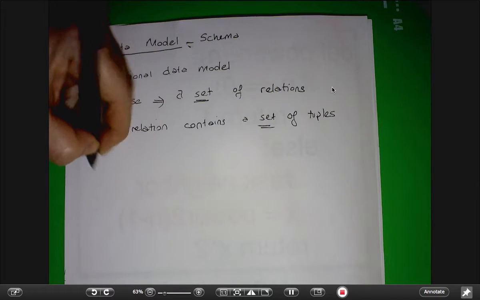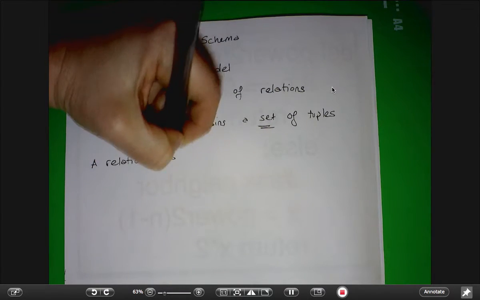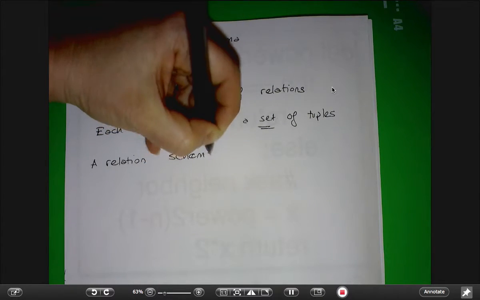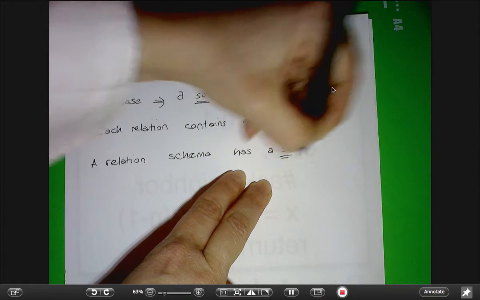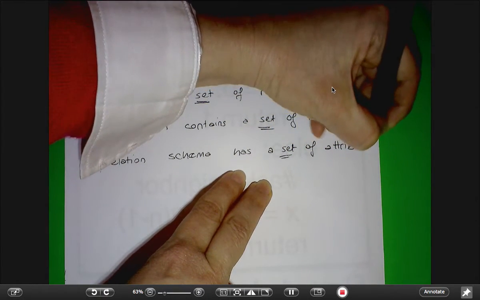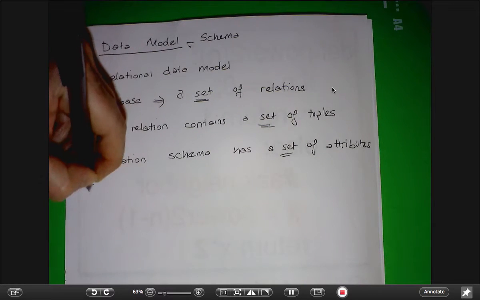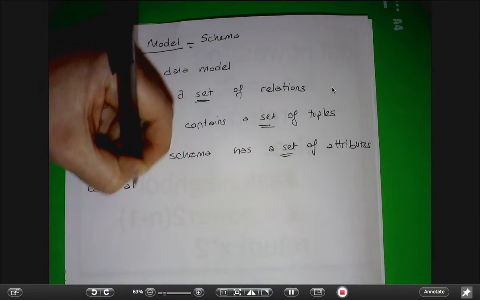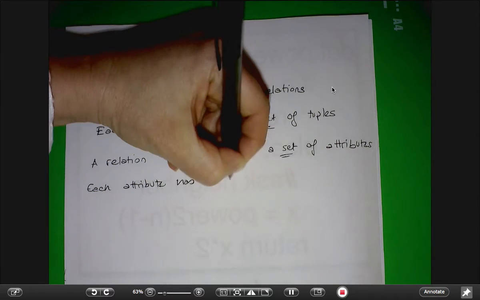So the relation schema has a set of attributes and each attribute has a domain.